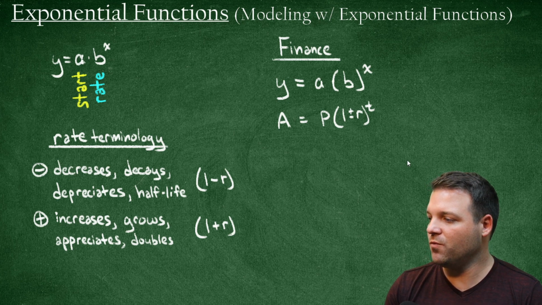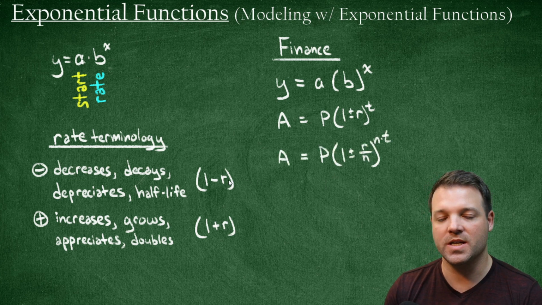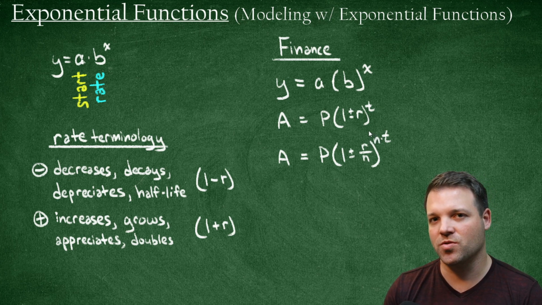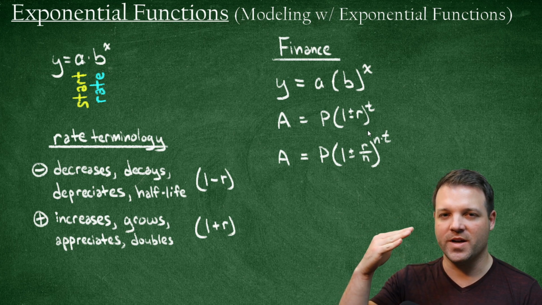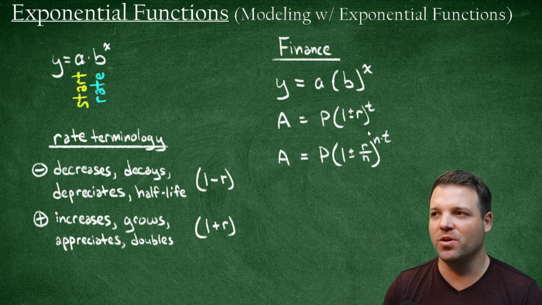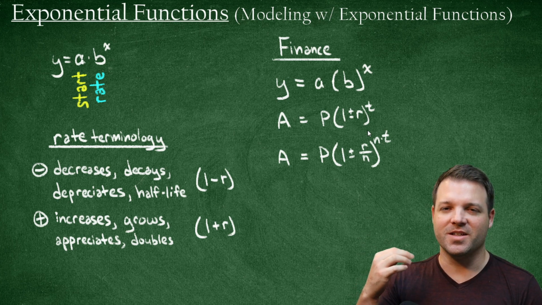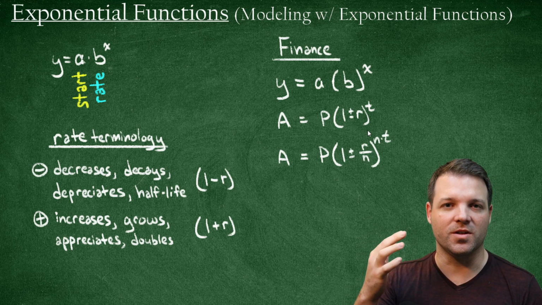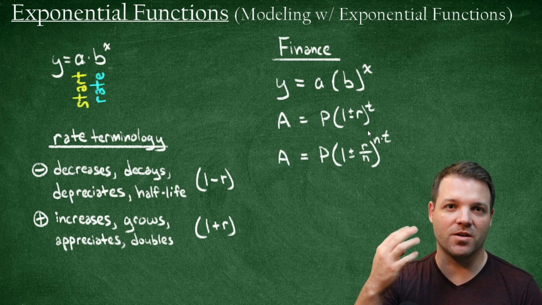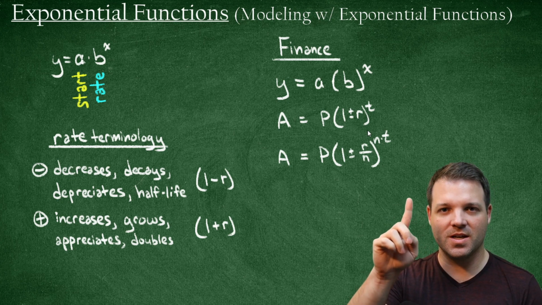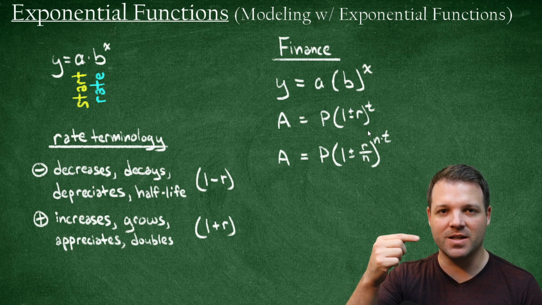Now, if we expand on this a little bit, we'll get the compounding interest formula. For the simple interest, this t stands for the amount of years typically, and with compounding interest, you can take an interest rate and break it up over a smaller period of time. Say, for example, you have an interest rate of 1%, and it's compounded quarterly, so 4 times per year, or every 3 months. Then that 1% interest rate is going to get divided into 4.